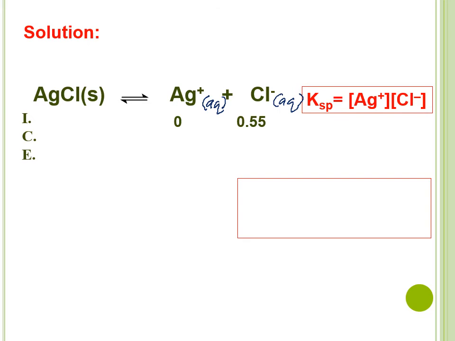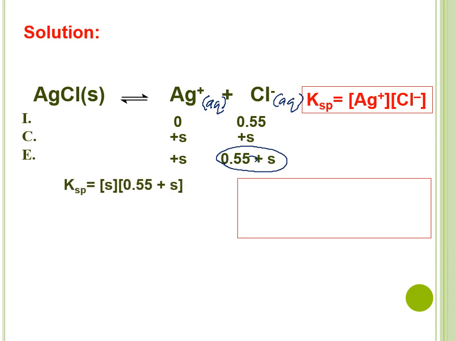And now in seawater, the concentration of Cl- is 0.55. The change is plus S and plus S. Now the equilibrium is S and 0.55 plus S.